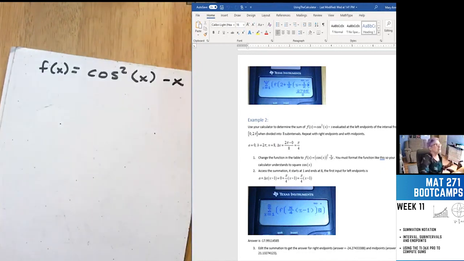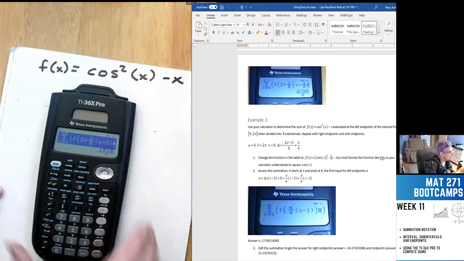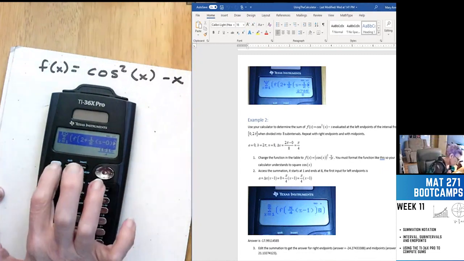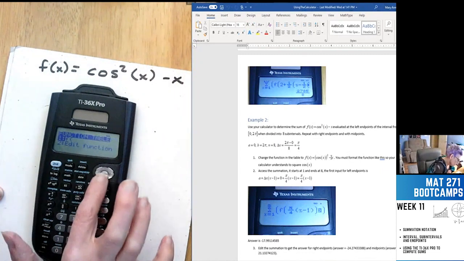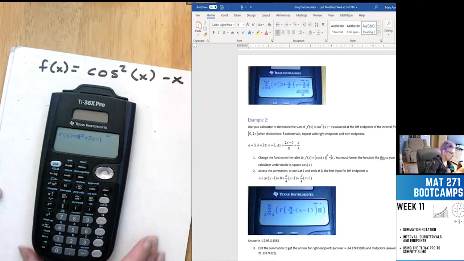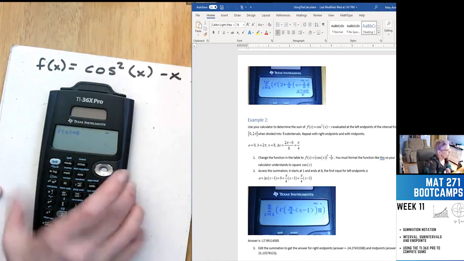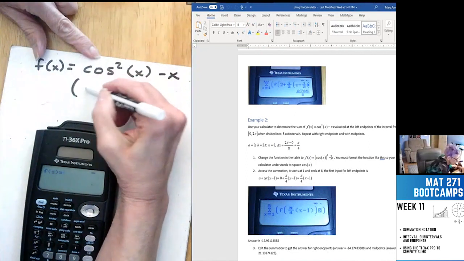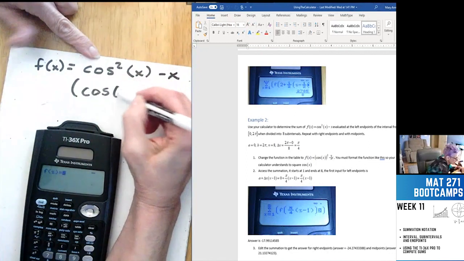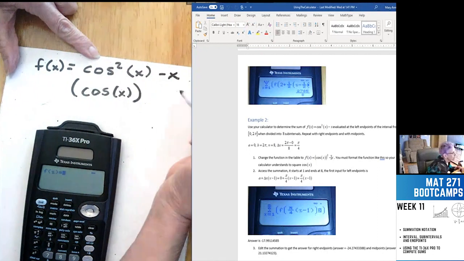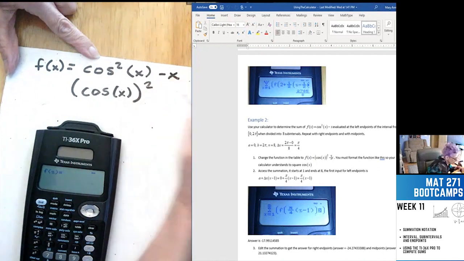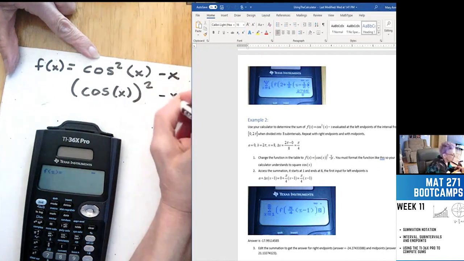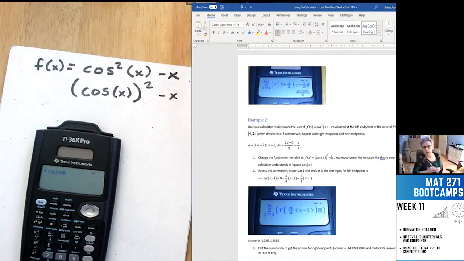But when you put that function into the calculator, table, edit function, clear out the old stuff. You can't type it in like that. You have to open up some parentheses, put them around cosine of x, and then square on the outside.